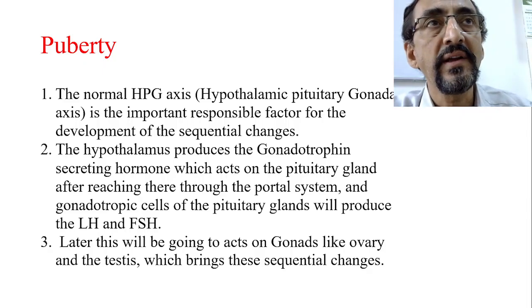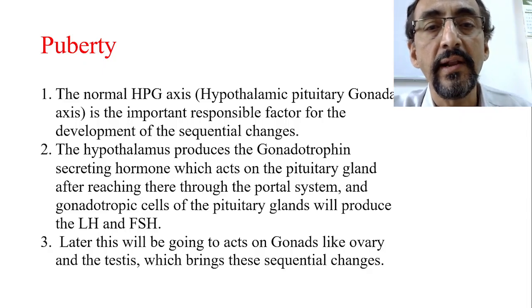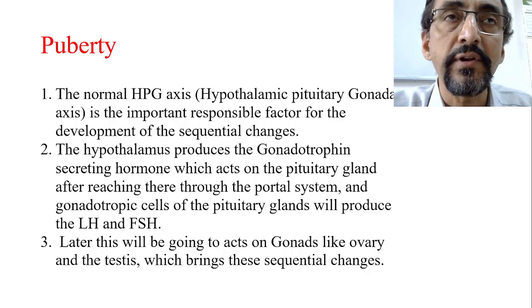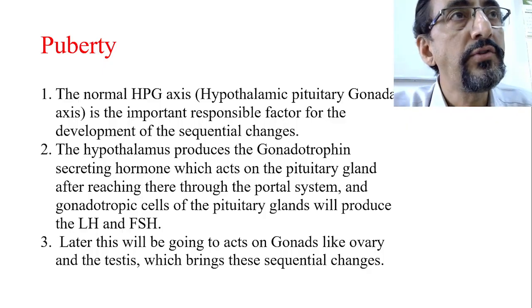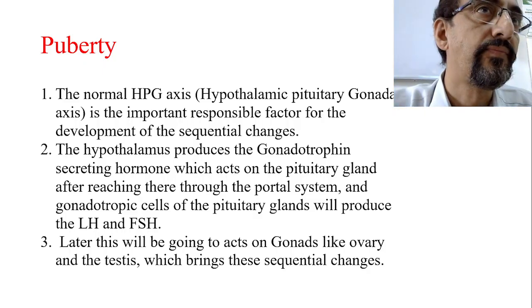Now these hormones start activating the gonadotrophic cells of the pituitary gland, and these cells produce two important hormones. One is luteinizing hormone and the other is follicle stimulating hormone.